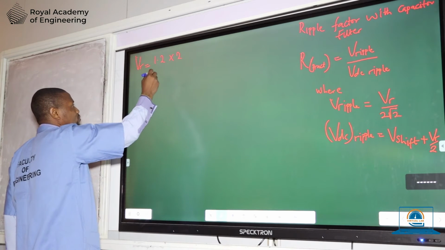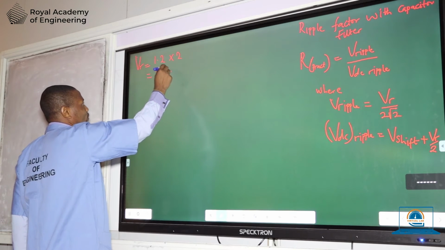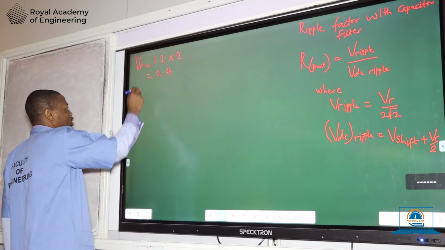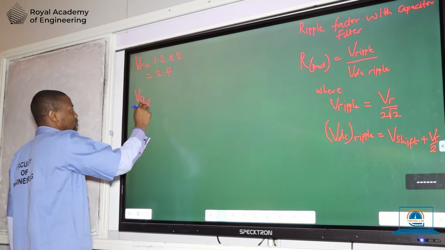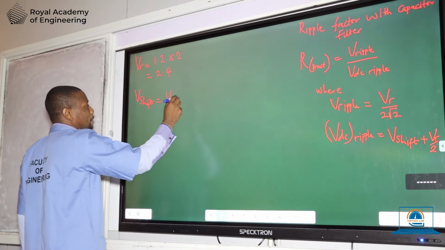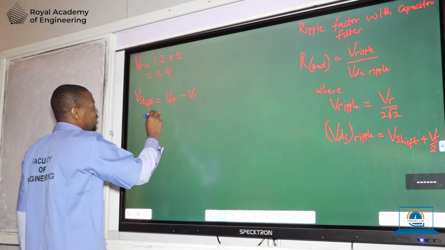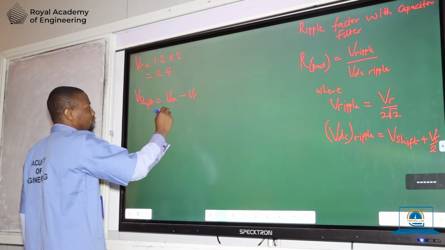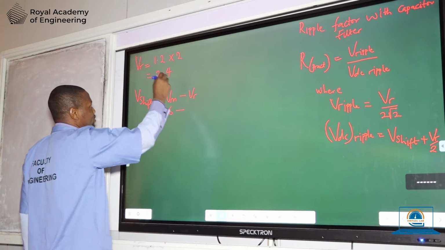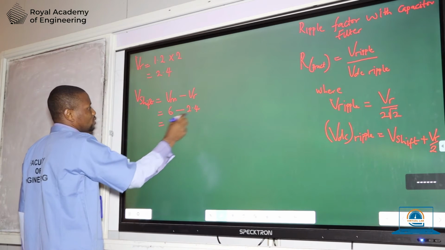This will give us 2.4, and our V shift is equals to Vm minus VR. Our Vm is 6 and our VR we have here.